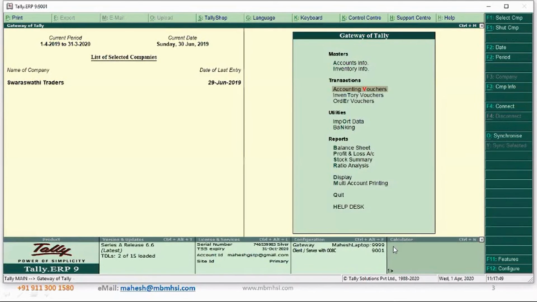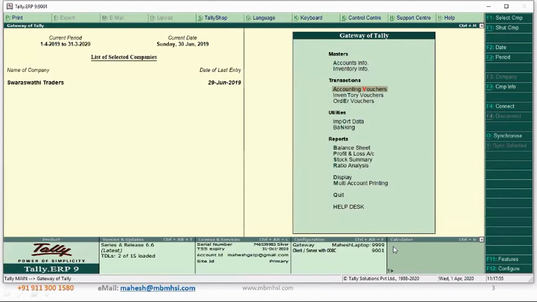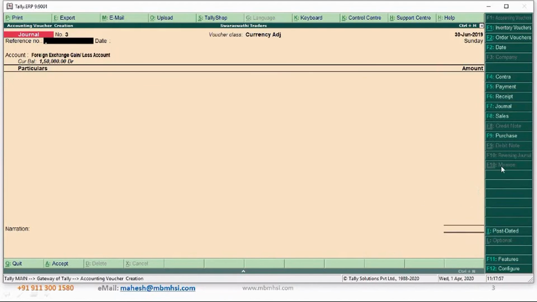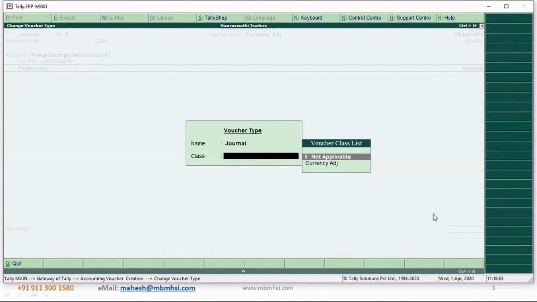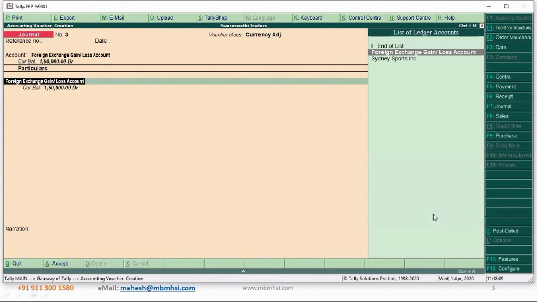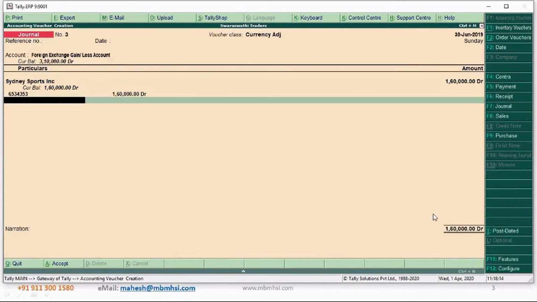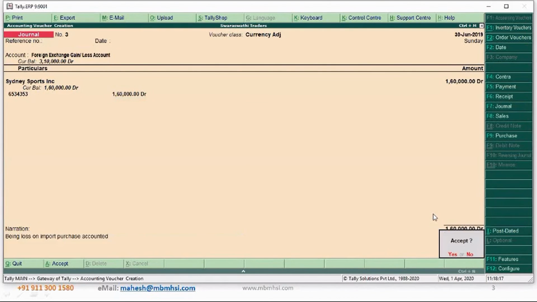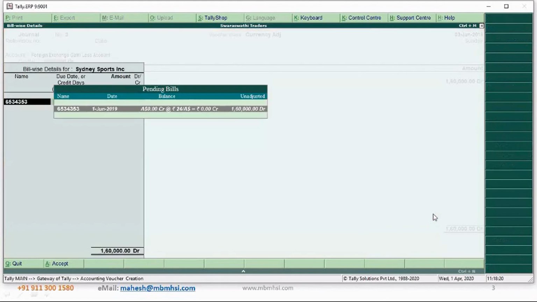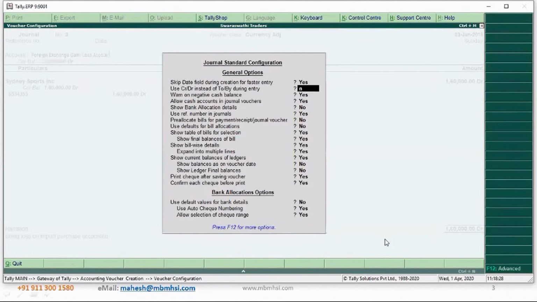Since it's a gain, I need to go to journal entry, currency adjustment, and make these debit credit adjustments.